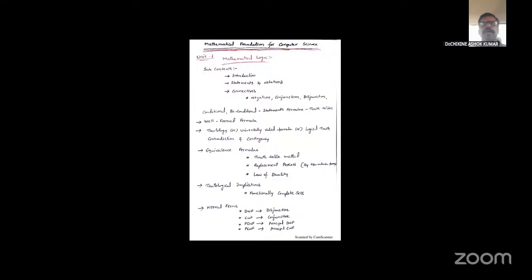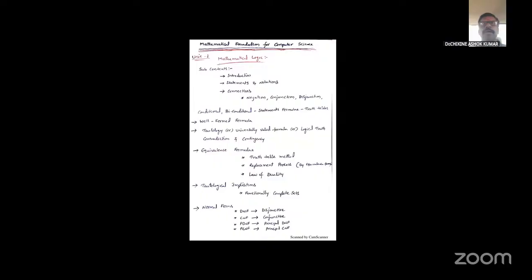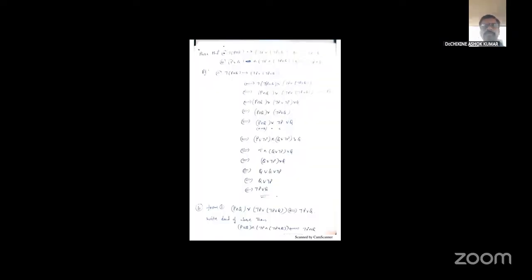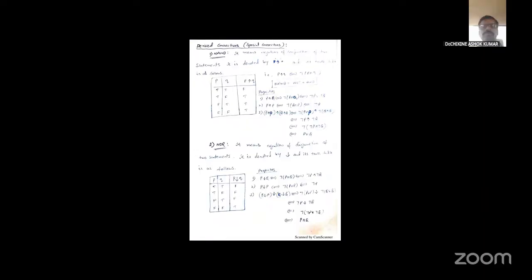See here, let me finish all this. I am going to explain the DNF, disjunctive normal forms. So these are the basic introduction part and normal forms, of course, we discussed this.